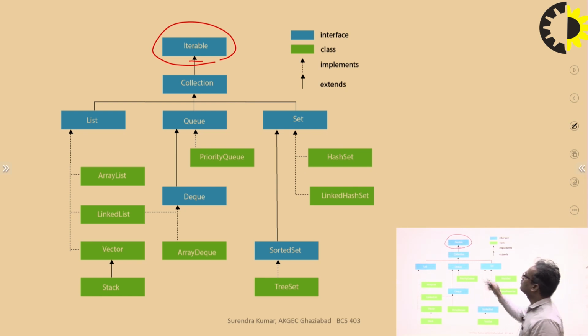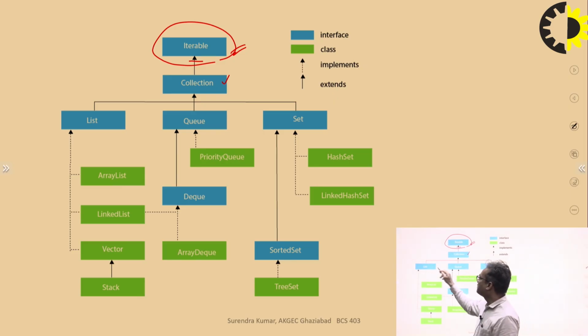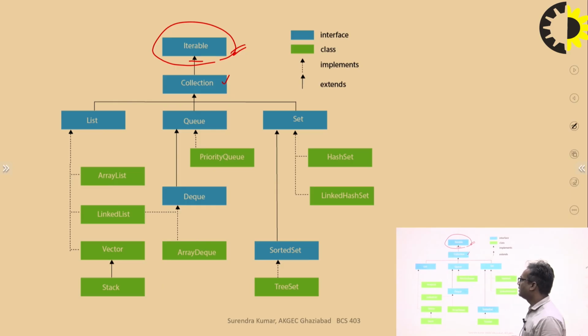So you have the topmost interface in collection, that is iterable. Then iterable is implemented by the collection interface, and this collection interface is further divided into three different interfaces, or you can say three different interfaces implement the collection interface.